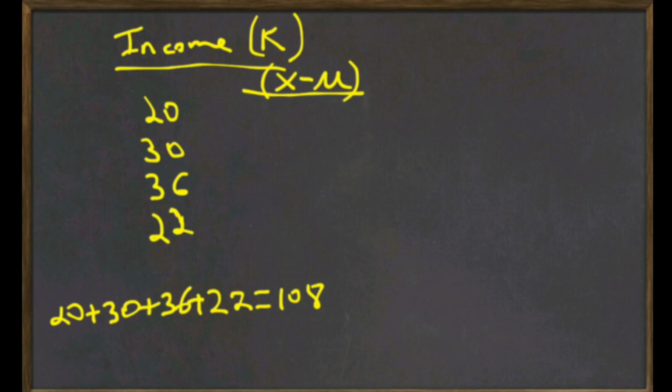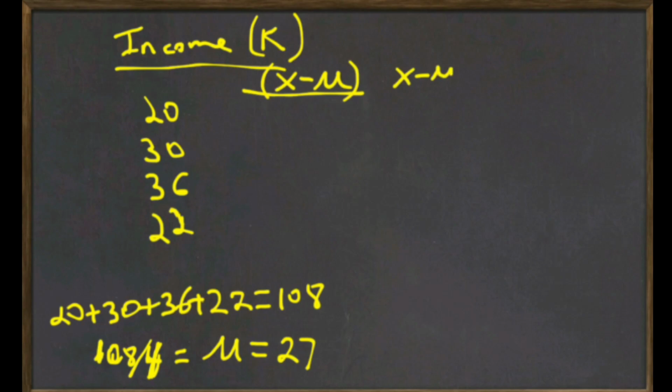You can correct me if I'm wrong, but that's going to make our mean 27. So 108 divided by 4, our number of observations. Okay, so we have a mean of 27.